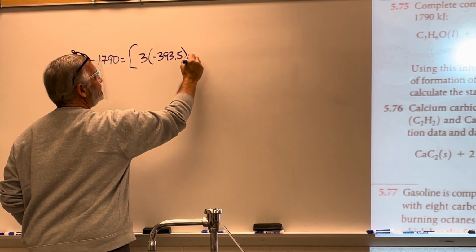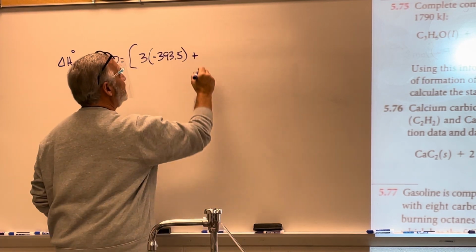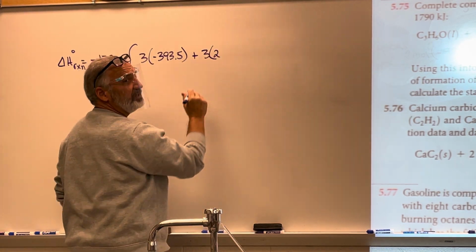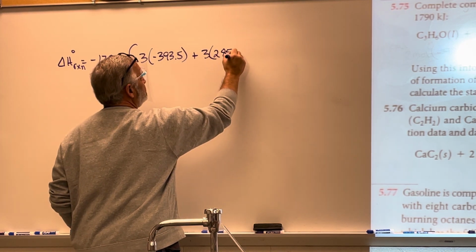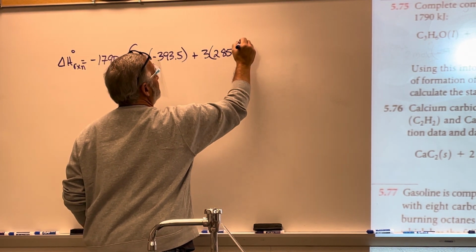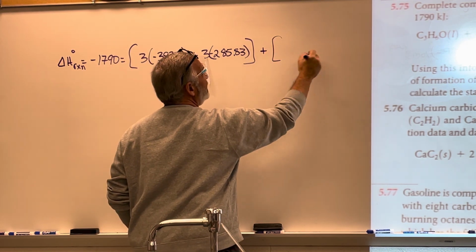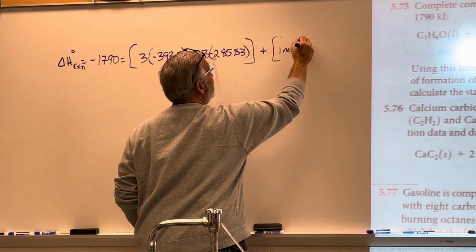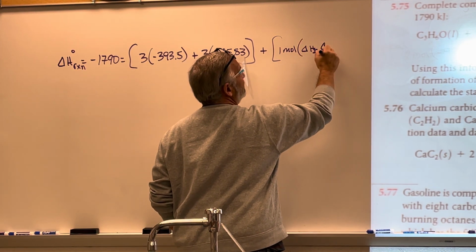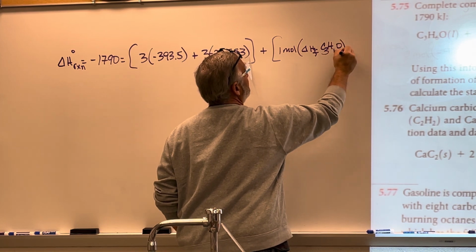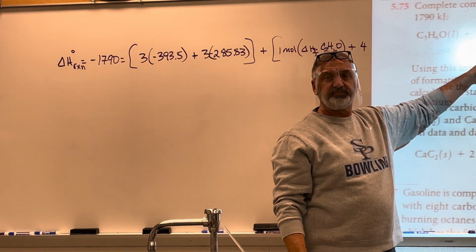I'm going to save space in units. Plus 3 times -285.8. Plus, this is my 1 mole, but this is my X, the delta H of formation of the C3H6O, plus 4 times, what's the heat of formation of oxygen? 0.